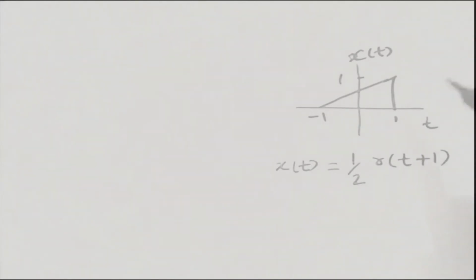Then since the ramp is supposed to be brought to 0 at t equal to +1, there must be another signal that should be added to it. This can only be possible if we somehow get rid of the slope. This can be done if we add a negative half slope which starts at t equal to 1.